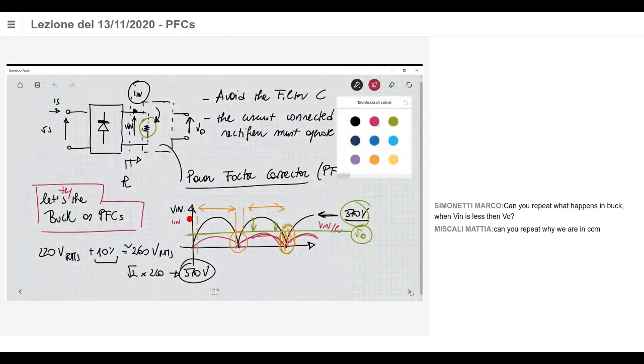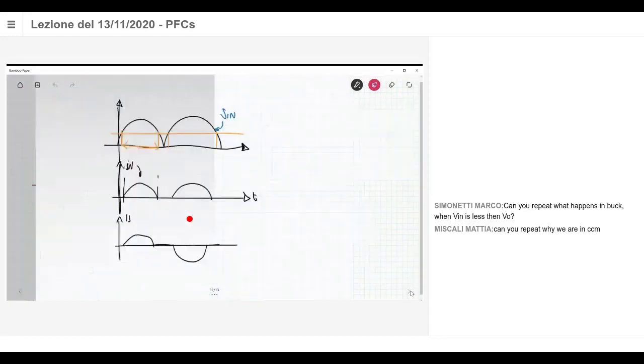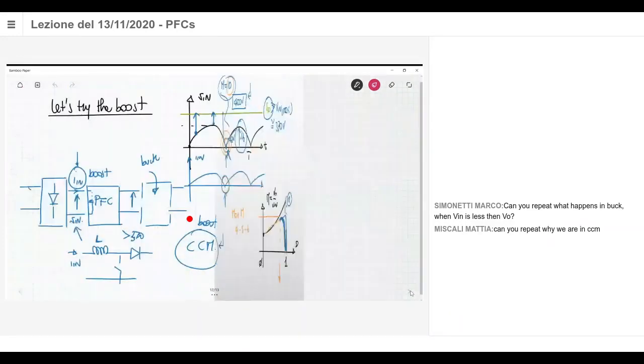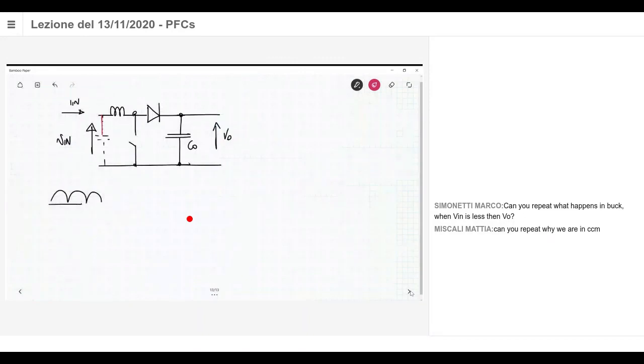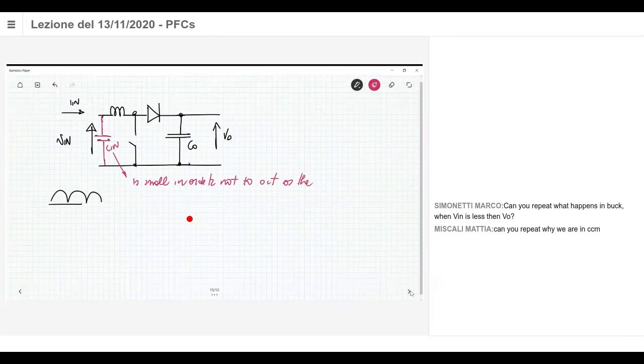But anyway, in the boost I need these capacitors. So the fact is that this capacitance here is not so huge as to act as a filter for the rectifier. So I have this capacitor here, but this capacitor should be small in order not to act as the rectifier filter.